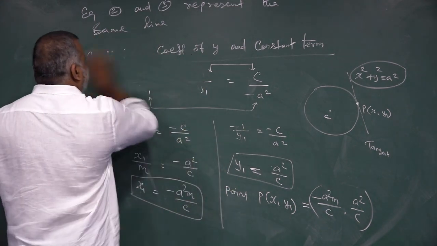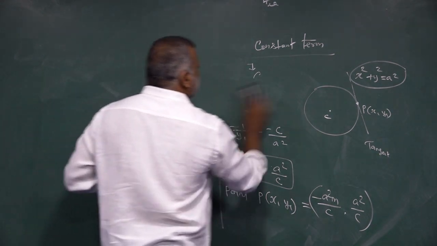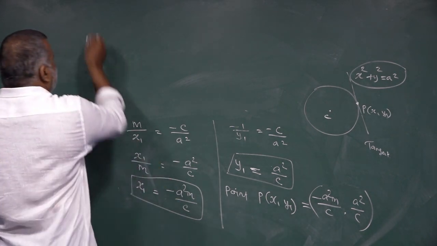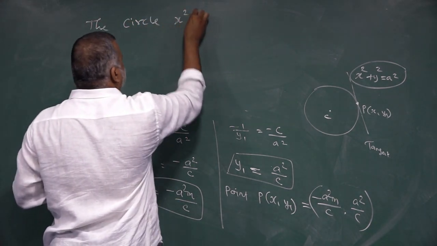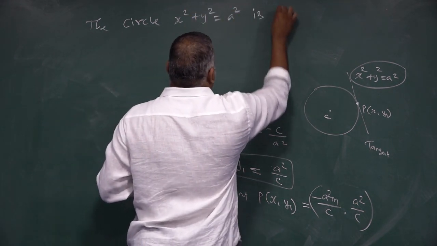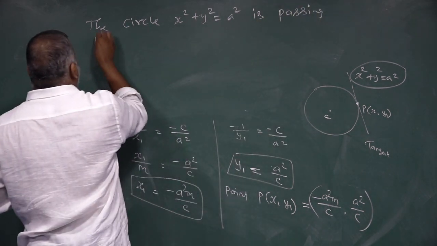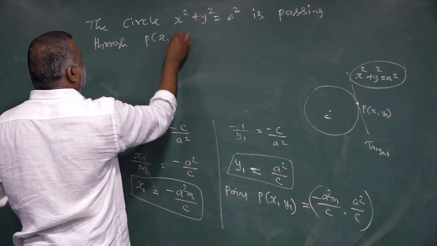Therefore we can write a conclusion: the circle x squared plus y squared equal to a squared is passing through p of x1 comma y1.